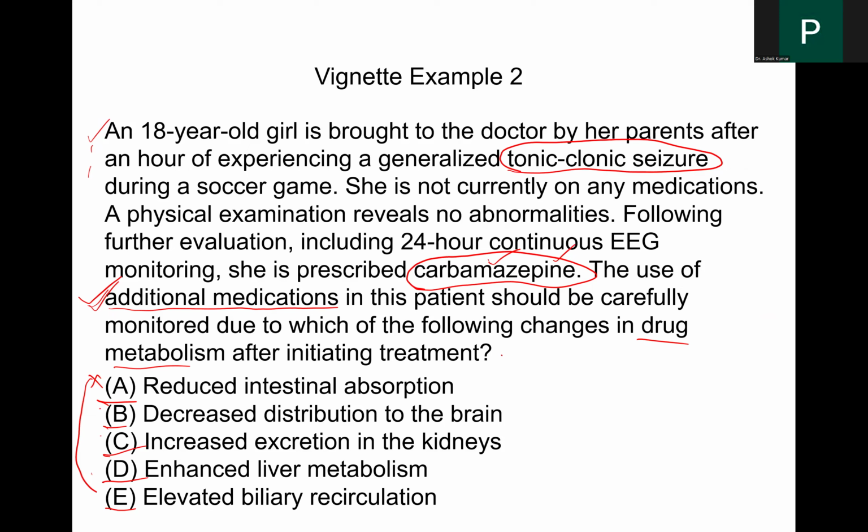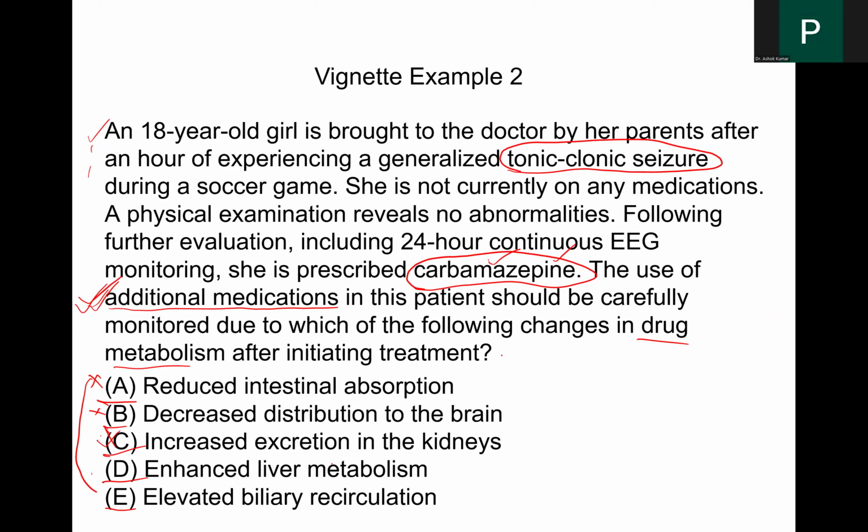So the third option says increased excretion in the kidney. If it is increasingly excreted in the kidneys, it has nothing to do with the patient taking additional medication. So this should not be correct again. D, enhanced liver metabolism. There is some doubt.